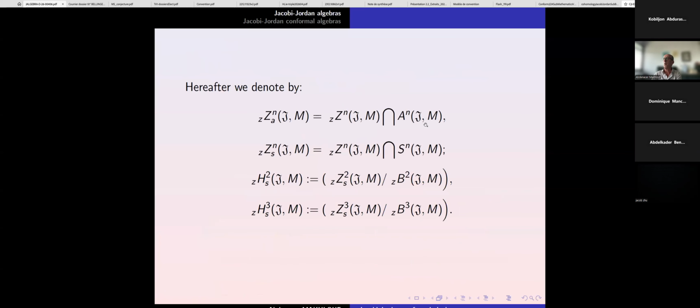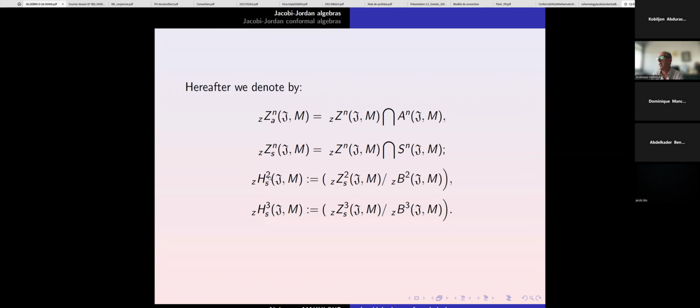Okay. Now we are going to consider some subclasses. In fact, now if I take the n cocycles I defined before, and take the intersection with the anti-symmetric or skew-symmetric cochains, then I will denote by Z indexed by A the n cocycles which are anti-symmetric. And we indicate by S the intersection with symmetric n cocycles.